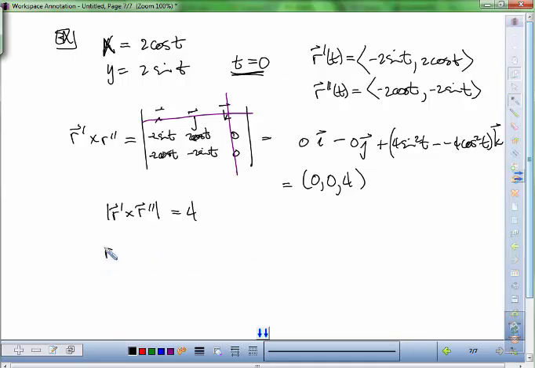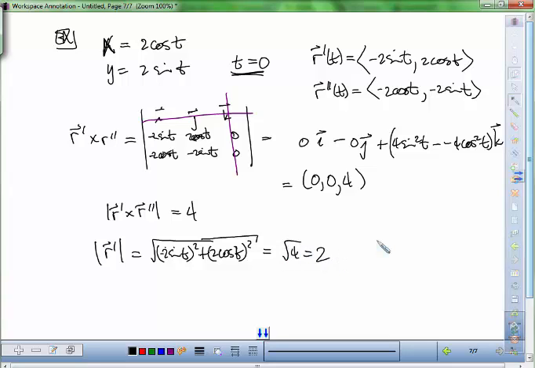All right, now let's find the magnitude of r prime, which is our denominator. The magnitude of r prime is just the square root of (-2 sine t) squared plus (2 cosine t) squared. And here you have 4 sine squared plus 4 cosine squared, so that's equal to 2.